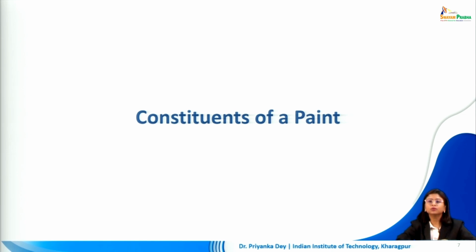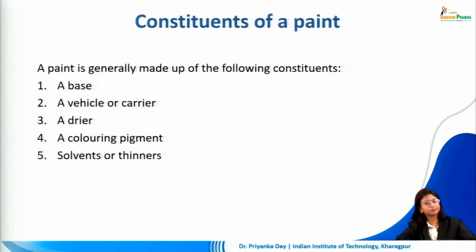Now let's take a look at what are the constituents of a paint. Paint is generally made up of 5 constituents. The first one is called a base. The second is a vehicle or a carrier. The third element is called a dryer. Then comes a coloring pigment.